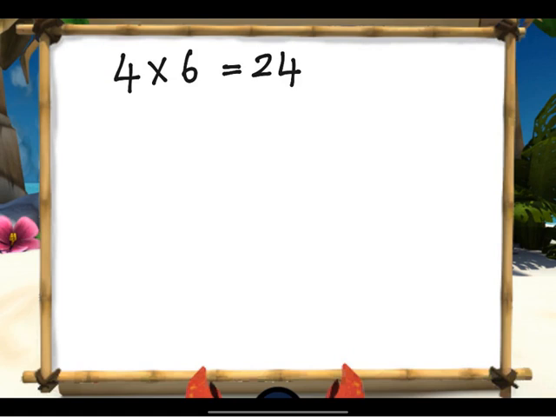Now let us see how to draw a number bond for this multiplication equation. 4 times 6 equals 24. So the total goes on the top, 24. So that is a whole. It is also called total, right? So now let me draw the parts.